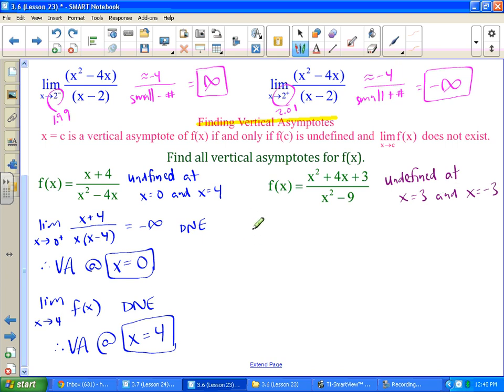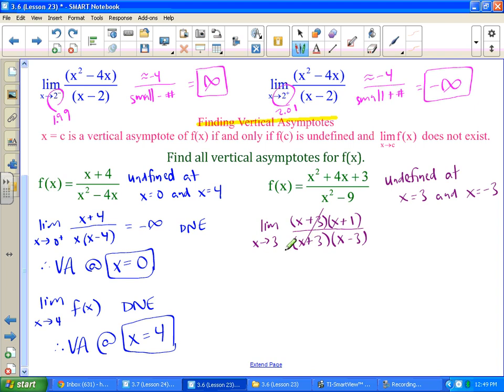So I'm going to take the limit as x approaches 3. Now I'm going to factor this. So the denominator is x plus 3, x minus 3. How would I factor the numerator? What adds to here and multiplies to here? 3 and 1, right? And the denominator was x plus 3, x minus 3. What happens to the x plus 3's? They cancel, right?